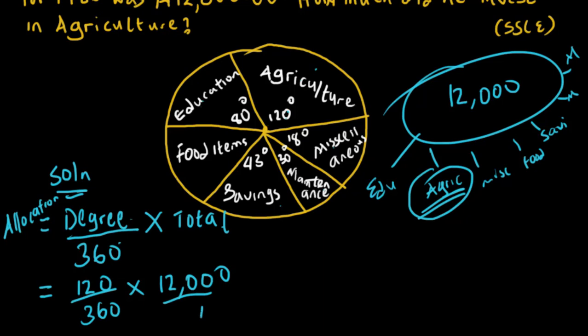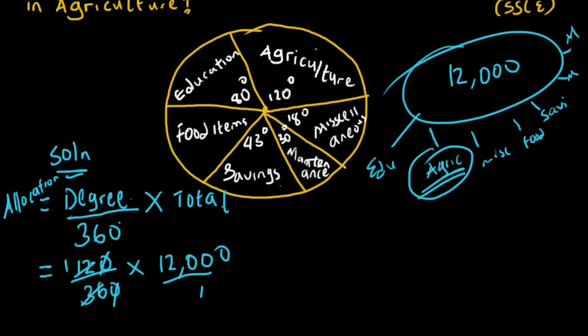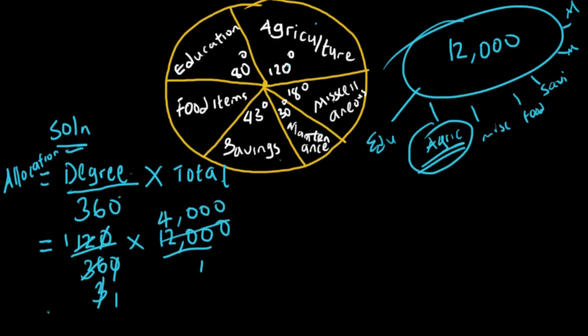So let's do this. 0 cancels 0. 12 year 1. 12 in 36 is 3. So we have 3. 3 year 1. 3 in 12 is 4. So we have 4,000. So it means that 4,000 naira was allocated to agric.